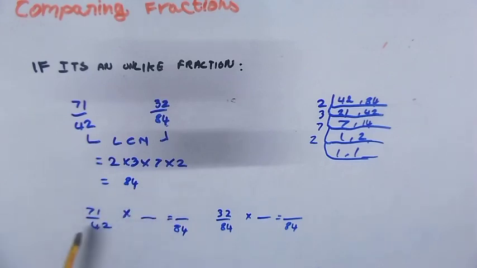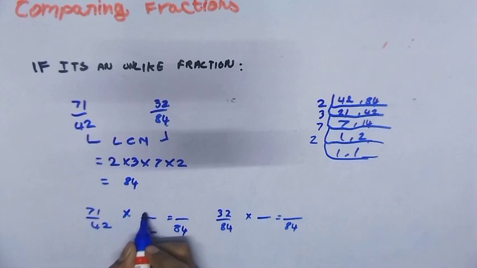So 71 by 42 into dash equals dash, and the LCM is the denominator. So 42 into 2 equals 84. As 2 is used here, this 2 should also be used in the numerator.